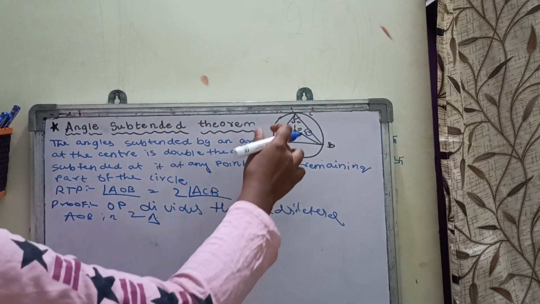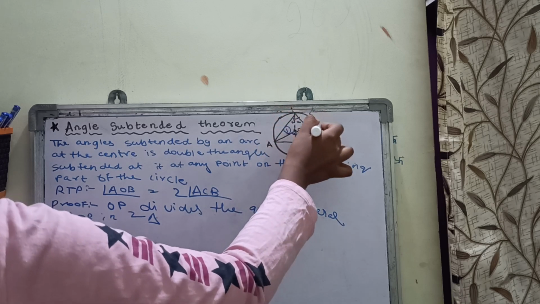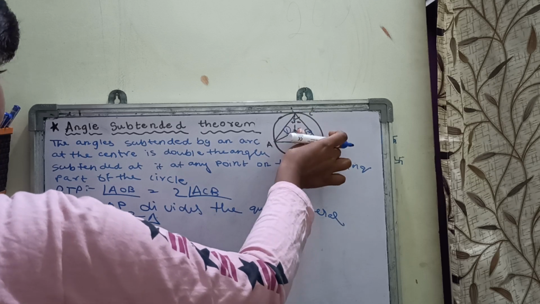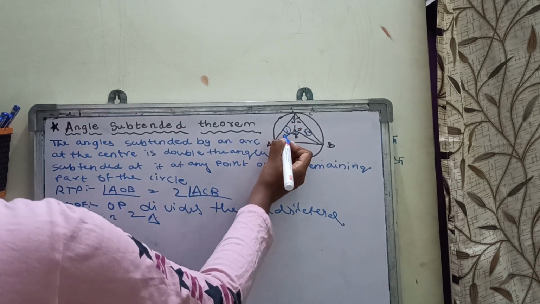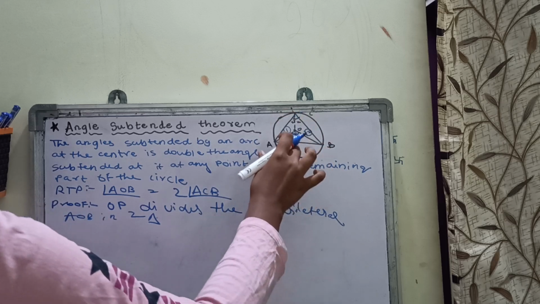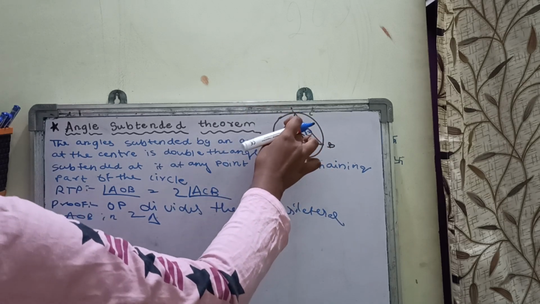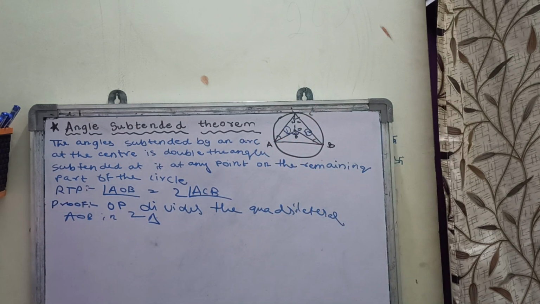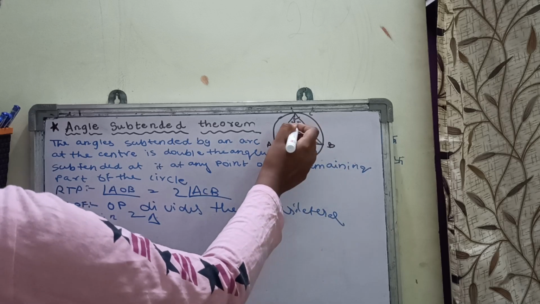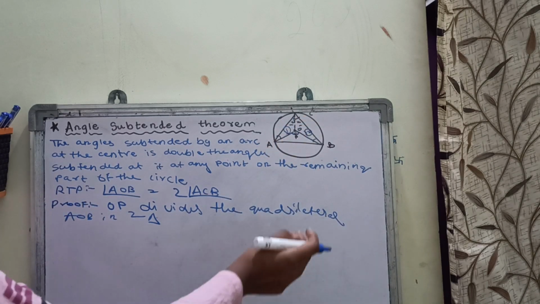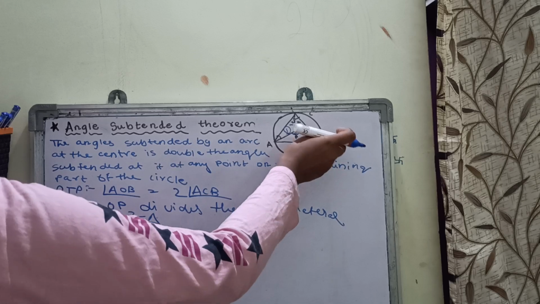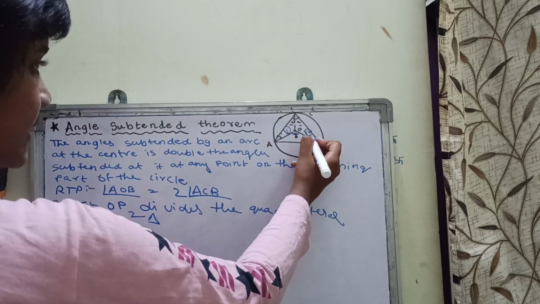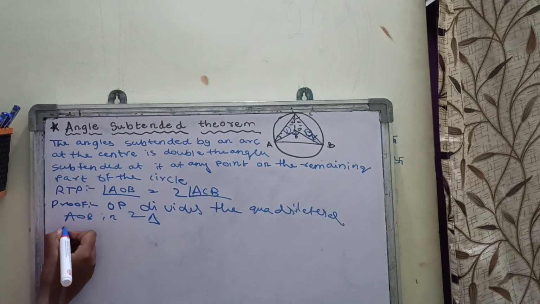Okay. So we know that OA is equal to OB. After knowing that these sides are equal, what can we say? Angle OAC is equal to angle OCA, and we can name it as X. From triangle BOC, we are naming it as Y. So I am writing here, you can see.